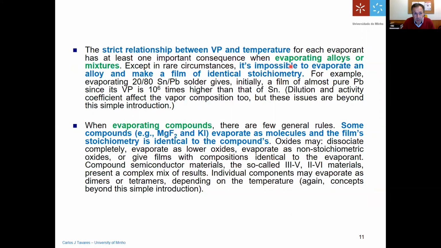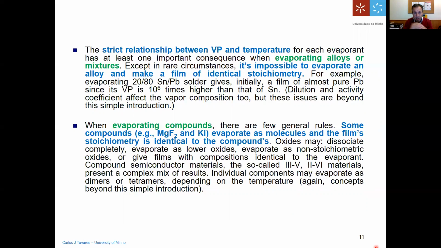So there is a strict relationship between vapor pressure and temperature for each evaporant, which has at least one important consequence when evaporating alloys or mixtures. Except in rare circumstances, it's impossible to evaporate an alloy from a source and make a film with identical stoichiometry, because the components of this alloy will have individually different vapor pressures.